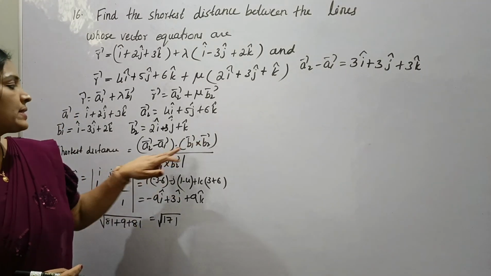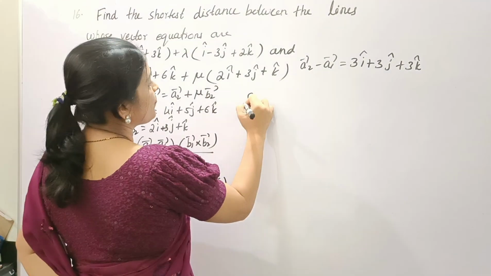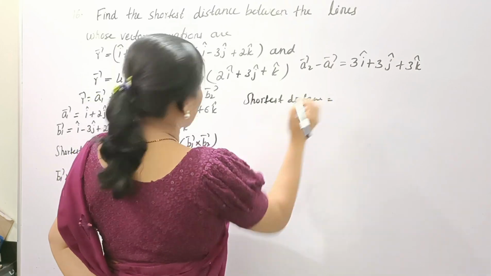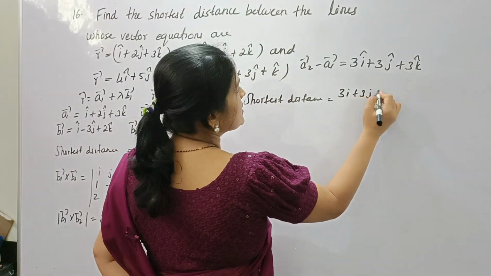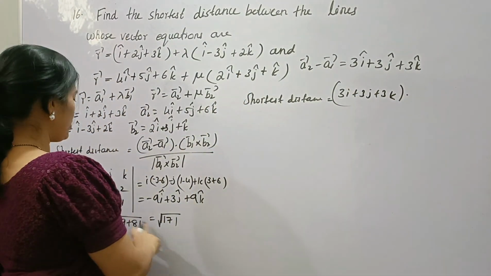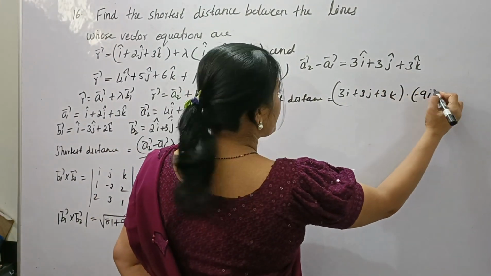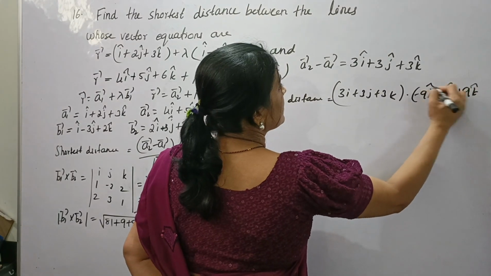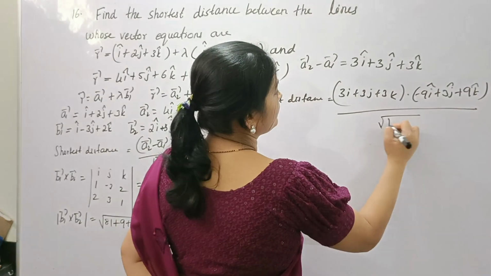Next we will substitute these things in this formula, that is shortest distance is equal to vector a2 minus vector a1, that is 3i plus 3j plus 3k dot vector b1 cross vector b2, minus 9i plus 3j plus 9k, divided by root of 171.